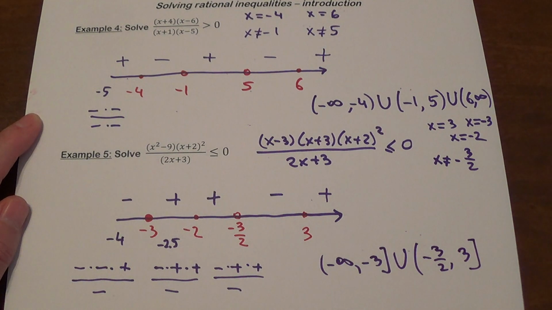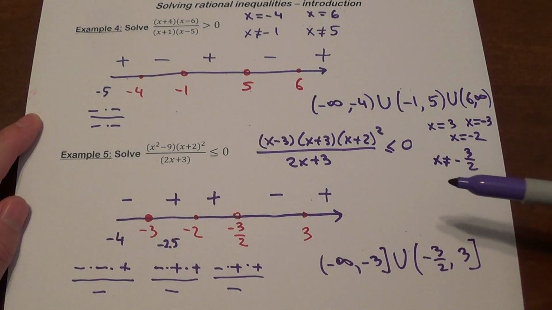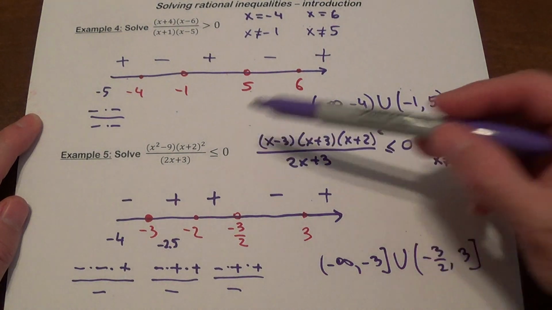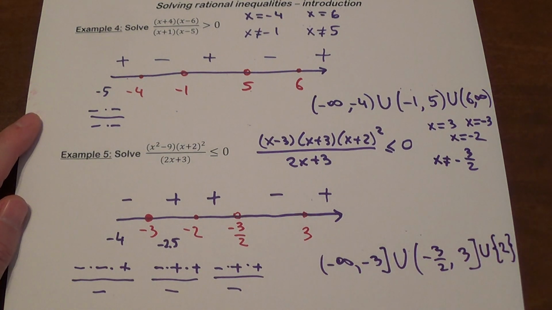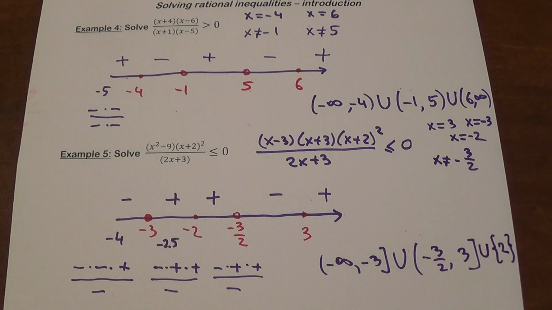So there you go. And also, here's a tricky thing. At negative 2, this expression is actually going to equal 0, and we allow for equality. So I'm also going to include negative 2 as just a single value. It's not a very common thing to see, but things like that sometimes happen.